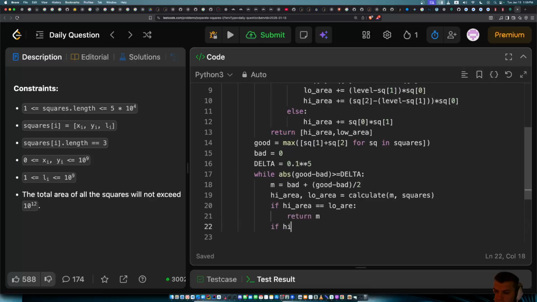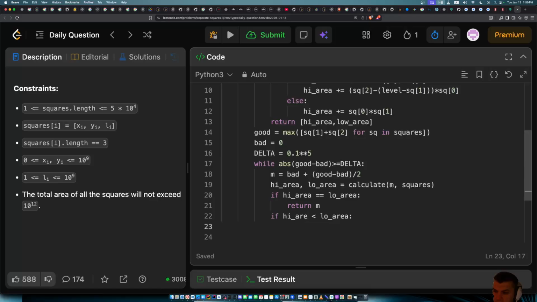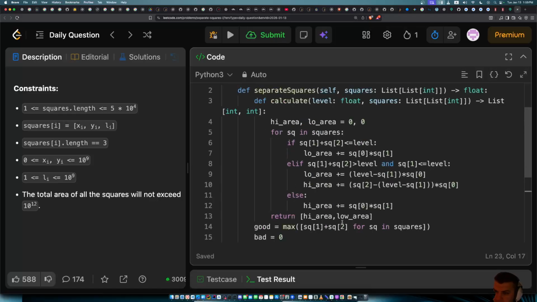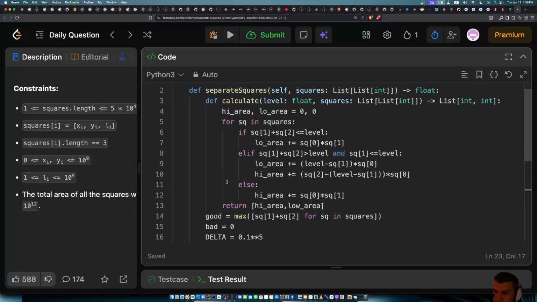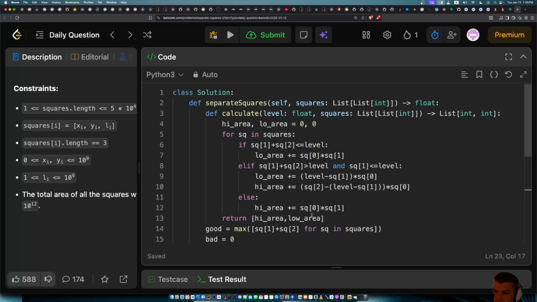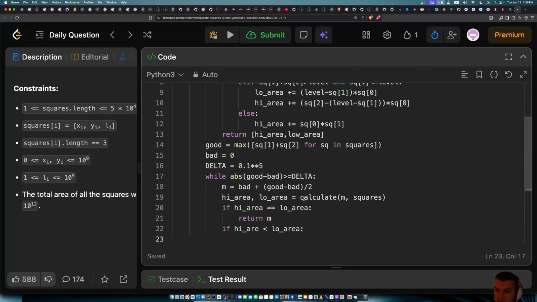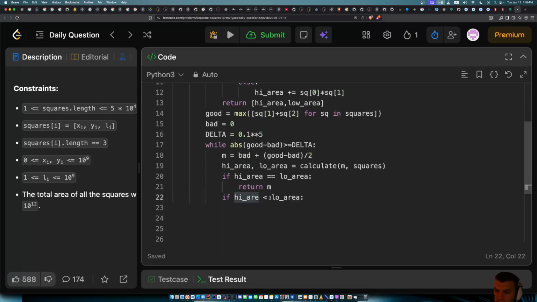If high area is less than low area, then I need to do the following. It means I need to move level upper.